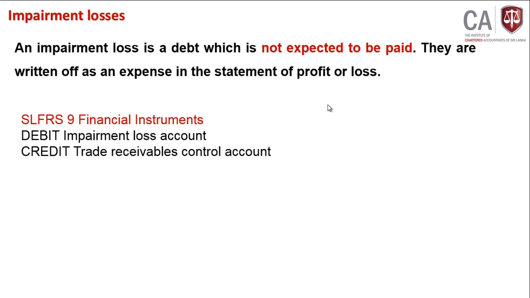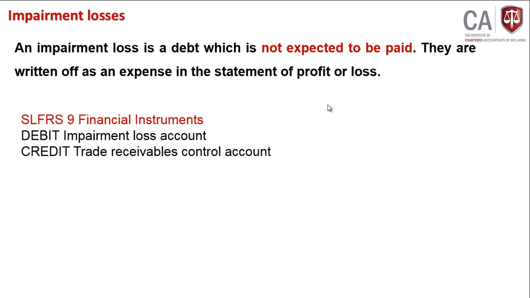If so, you identify that as impairment loss. They are written off as an expense in the statement of profit or loss. That impairment loss you will charge to profit and loss. So in this example, the 20 you will charge to the profit or loss account.